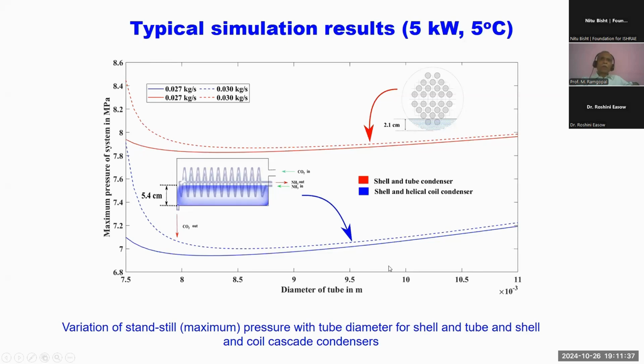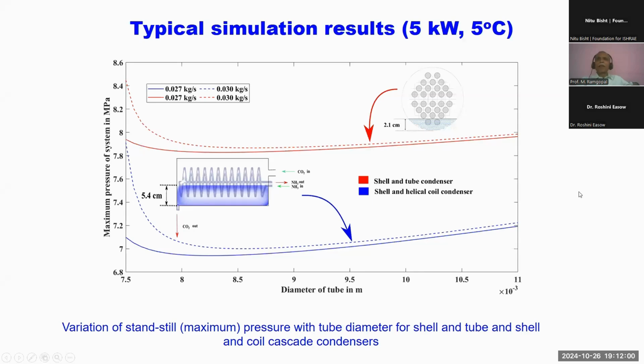So even though the shell and tube appears to be better in terms of the maximum pressure, we ultimately opted for shell and coil because we felt that it is easier to manufacture, and because of other practical reasons.